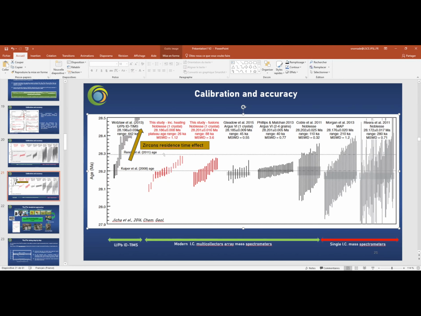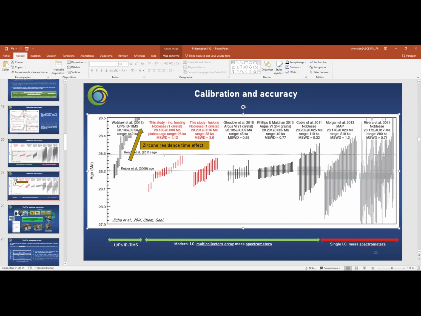And no matter if you use Renne or Kuiper, if all the data you produce in a sequence are made with the same standards, the same decay constant, and the precision is there, the duration you produce will not change if you change the standards or the decay constant.